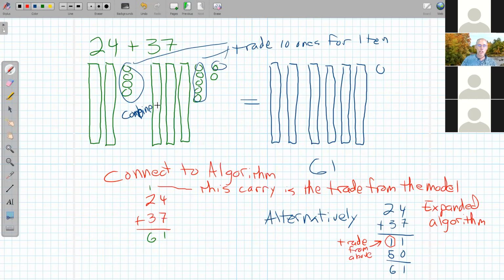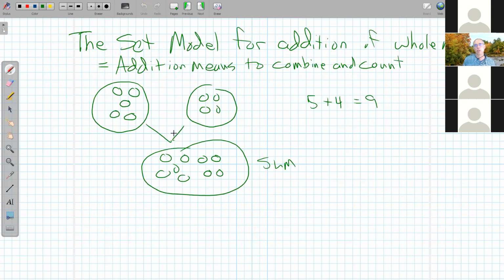So this picture right here is again set model for addition. And it's where I use physical objects to show how to combine and count. And sometimes it's complicated because I have to trade in, and other times it's super simple.